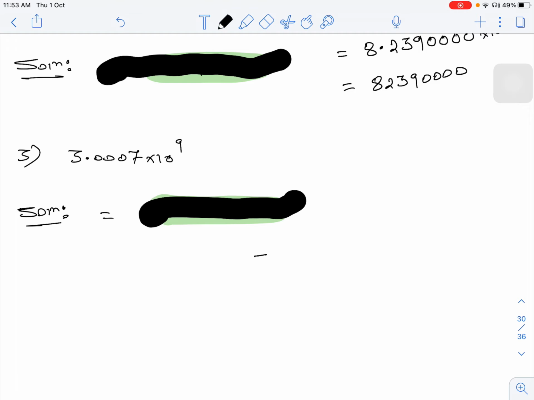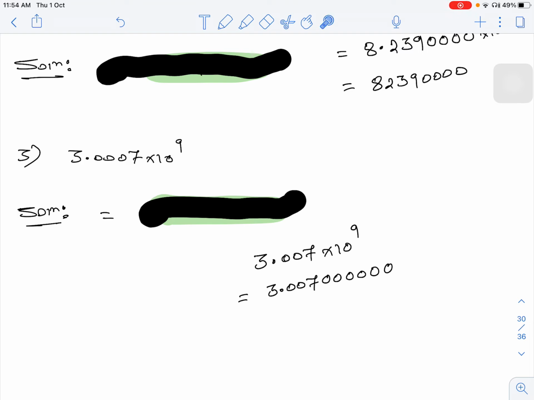We have 3.0007 into 10 raised to 9, which can be written as 3.0007. Now how many zeros? 1 2 3 4 5. Now count 1 2 3 4 5 6 7 8, so we need to write here one more 0.